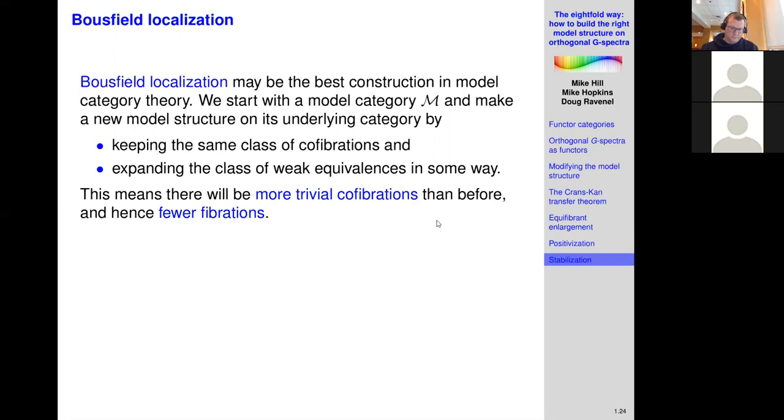We keep the cofibrations the same. We enlarge the class of weak equivalences, and that means we're shrinking the class of fibrations. And that means that we're changing the nature of fibrant replacement, and we're making it more interesting.